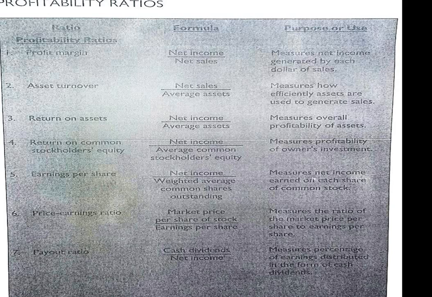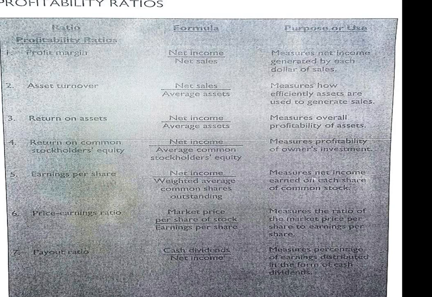The last one in the profitability ratios, the payout ratio. This is cash dividends over net income, and it measures the percentage of earnings distributed in the form of cash dividends. So it compares the cash dividends with the net income.